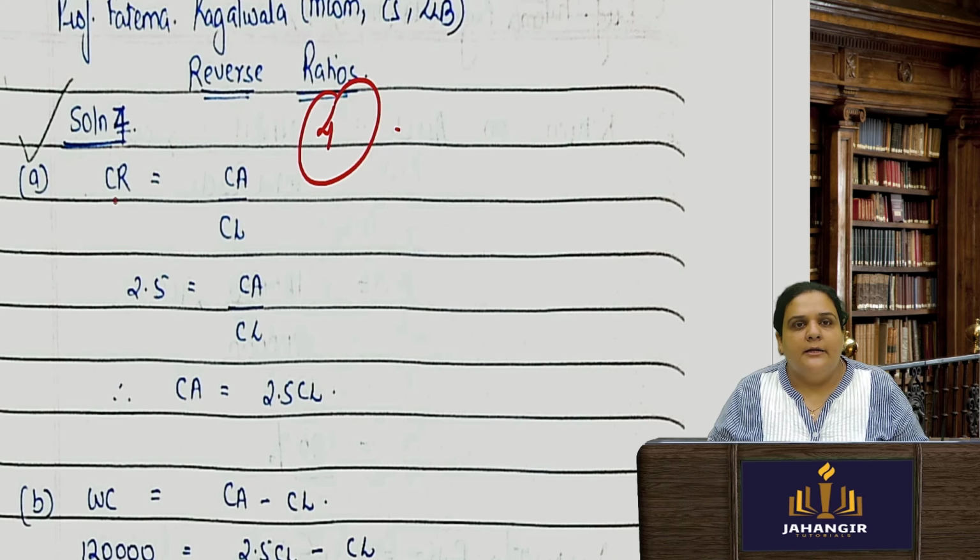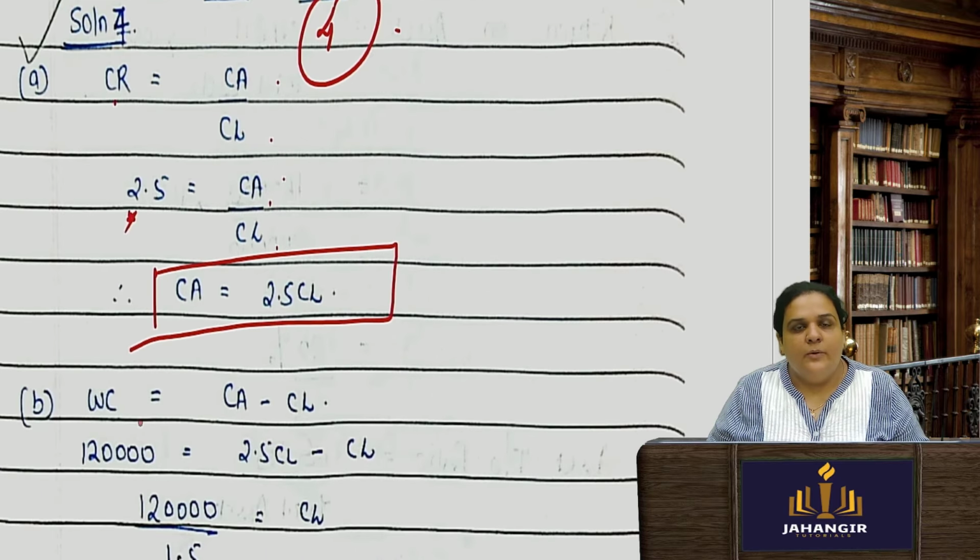Current ratio will be nothing but current assets upon current liabilities. Ratio is given to me as 2.5. I don't know current assets amount, I don't know current liabilities amount, but I can write it. Current assets is equal to 2.5 of current liability. This one equation I got. Current assets will become equal to 2.5 of current liability.